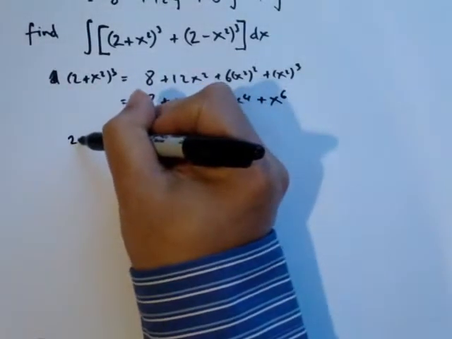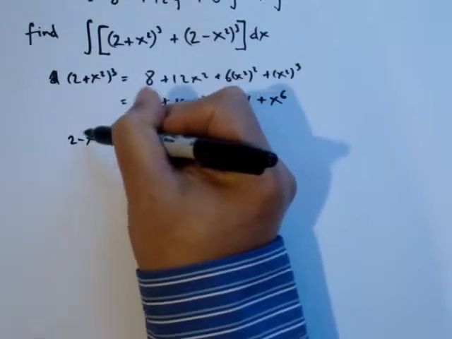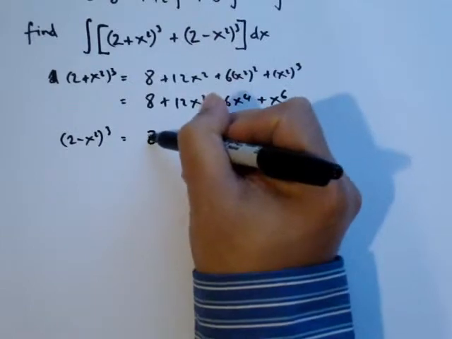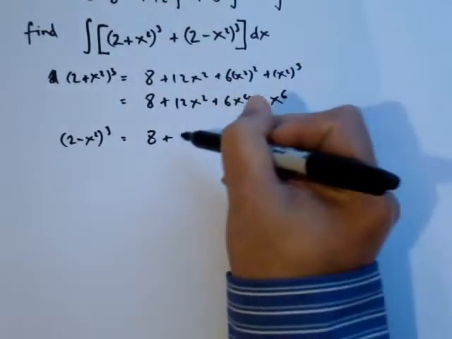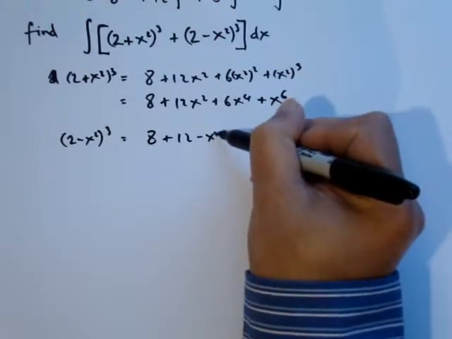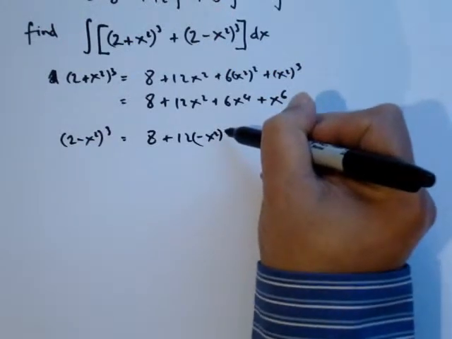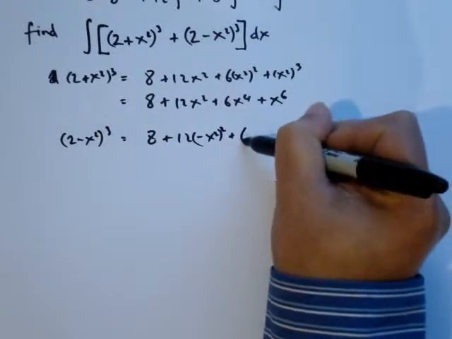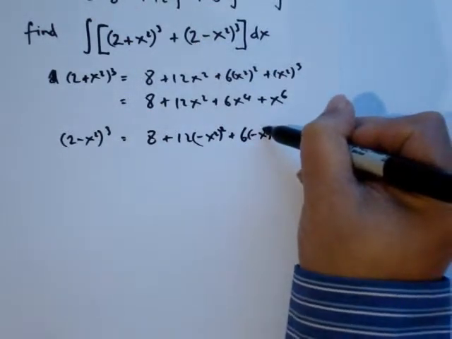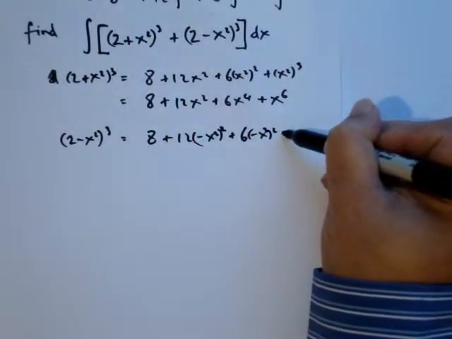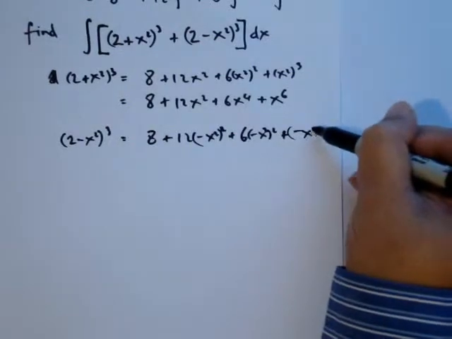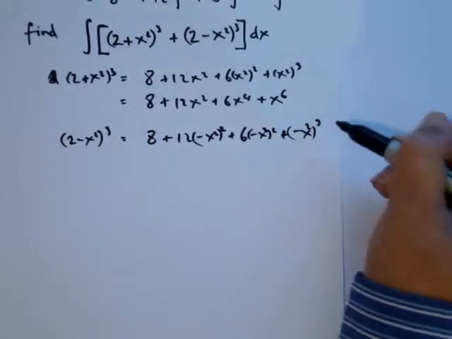Then for our (2 minus x squared) to the power 3, we get 8 plus 12 (minus x squared) plus 6 (minus x squared) to the power 2 plus (minus x squared) to the power 3.